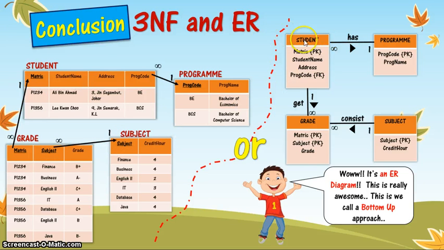Right, and actually we can transform this to ER. So it relates NF and ER, and actually this is a bottom-up approach to database design.